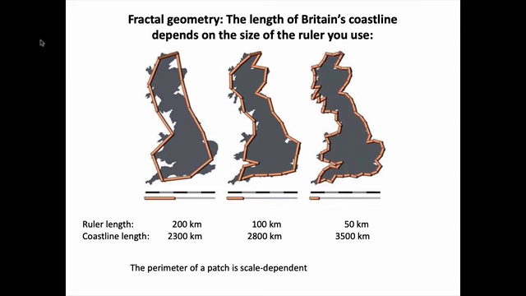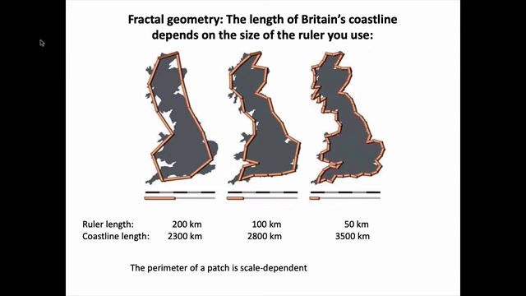And notice that we're missing a lot of indentations here. If we use a smaller ruler, we can get some of those indentations accounted for. If we use a smaller ruler still, we can account for more. If we use an actual 12-inch ruler, we'd account for virtually all of them.